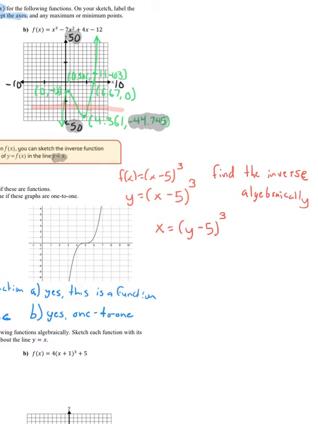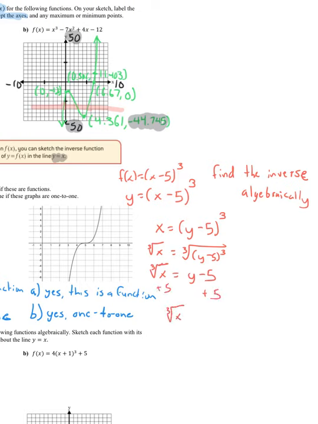And then we solve algebraically for y. So we take the cube root of both sides. And the cube root of y minus 5 cubed is just going to be y minus 5. And then the last part is we add 5 to both sides.